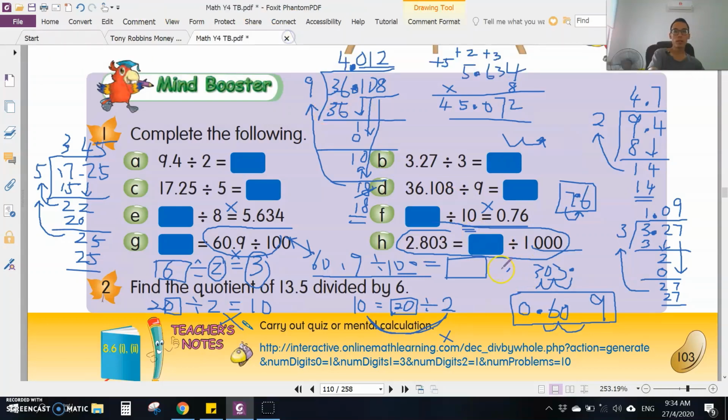Okay, never mind. So this is 2,803, right? The answer is 2,803. Because it times 1,000, 3 zeros, you move the decimal point 3 times to the right.